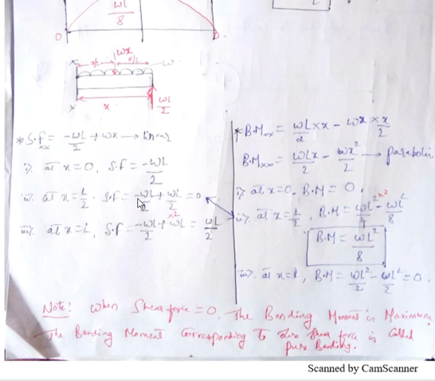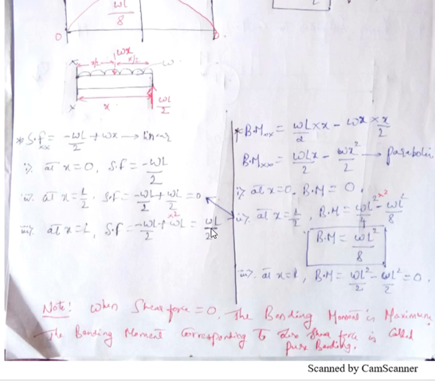Look here, shear force at x equal to 0 is some value minus WL by 2, at center it is 0. Then when I put x equal to L in this equation, then shear force will become minus WL by 2 as it is, minus WL by 2 plus, instead of x I am putting L, so it will become W into L. When I add these two, I'll get positive WL by 2.